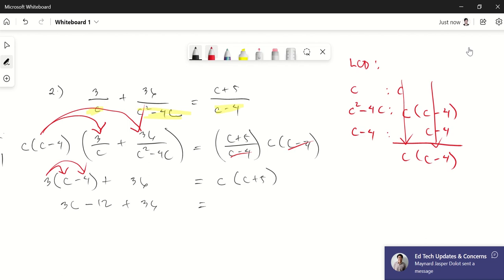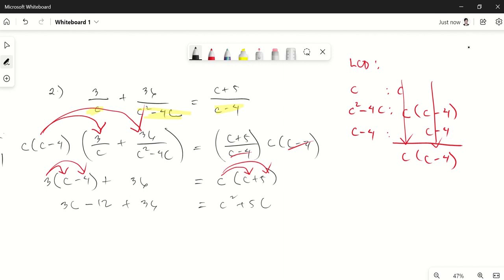And on the right-hand side, you distribute the c as well to both terms of the binomial. So c times c is c squared, c times 5 is 5c. On the left-hand side, we can still combine negative 12 and 36, which will give us 24.